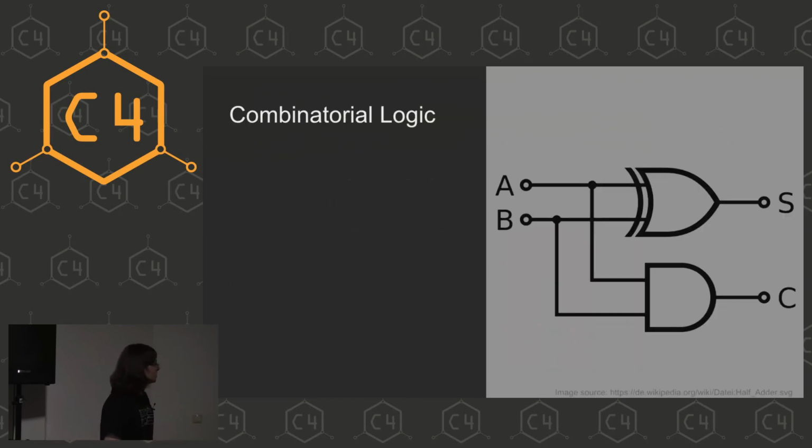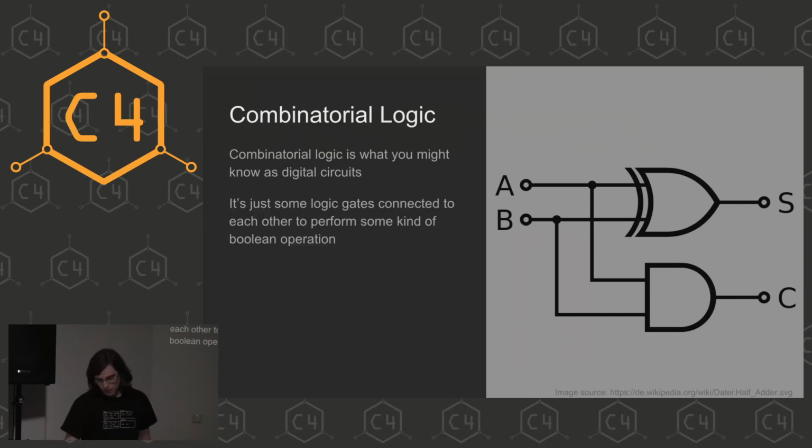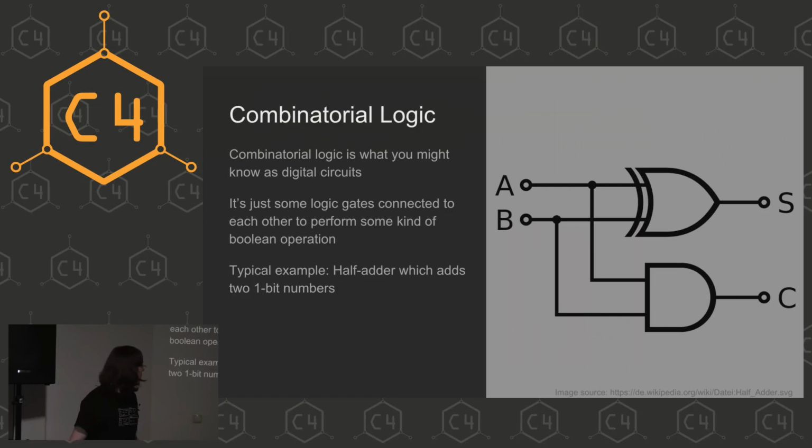Then we have also combinatorial logic. This is what you know as digital circuits. This is the stuff that you might have seen in school with a bunch of gates that are just connected to each other that do some kind of logical function. The typical example that you hopefully all know is a half adder, which just adds two 1-bit numbers, displayed here on the right.